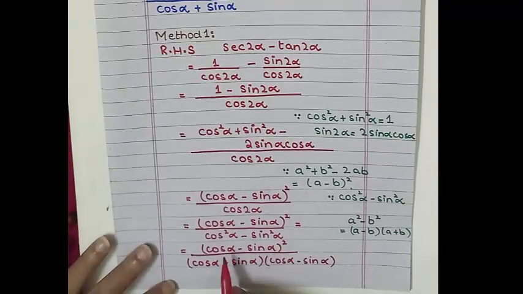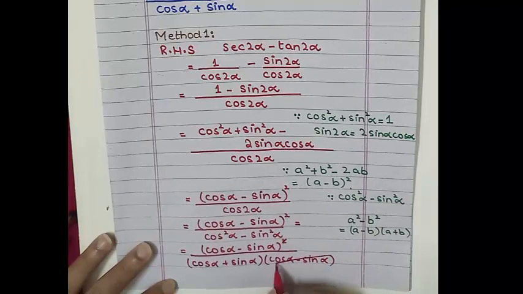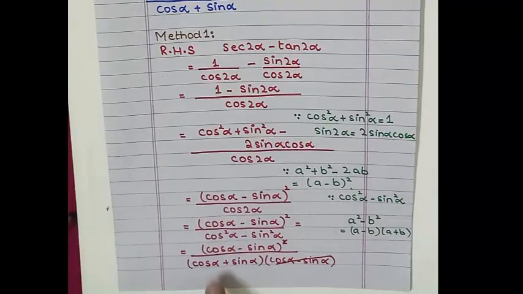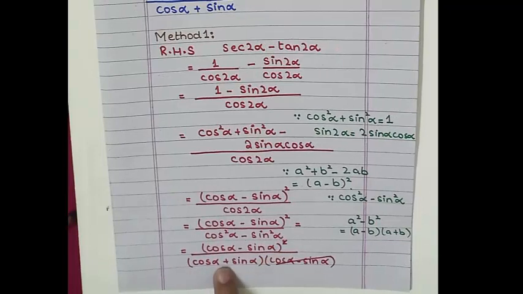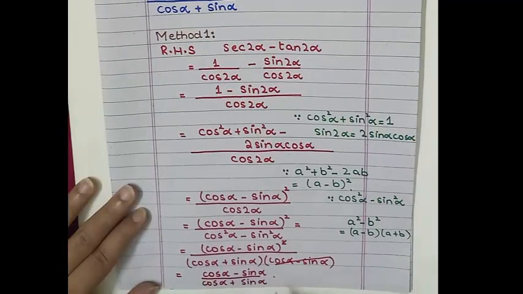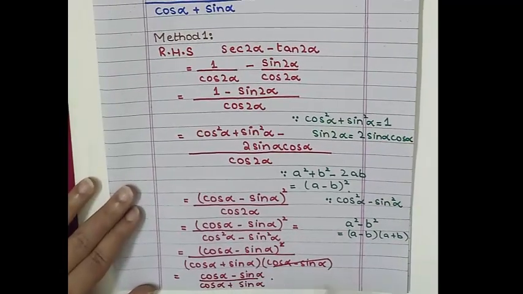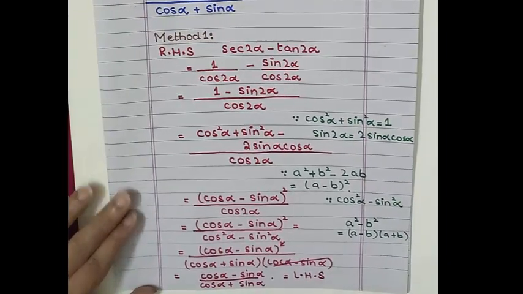So this is also cos alpha minus sin alpha but a whole square. Cancelling out the square with this term, we have cos alpha minus sin alpha over cos alpha plus sin alpha left. So we have proved this is equal to the left hand side.